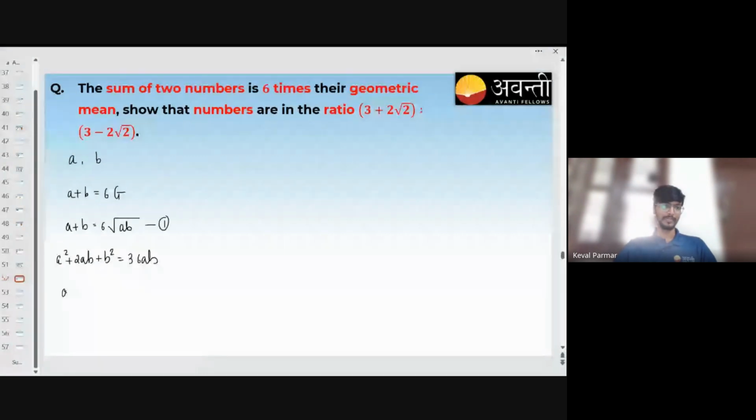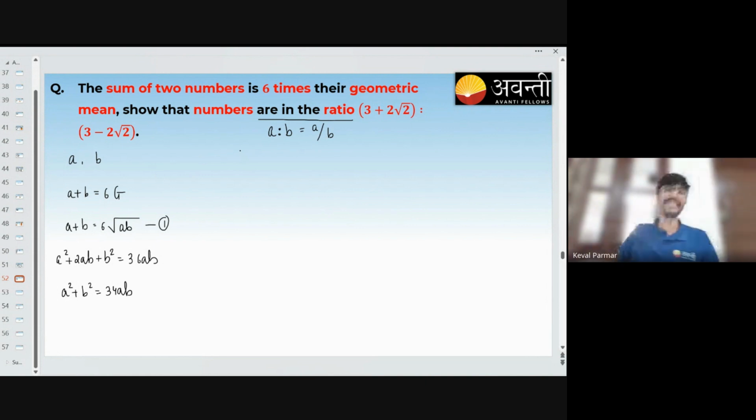So I'll get A square plus B square is equals to 34AB. This is equation number 2. Now, what I have to find is the numbers are in the ratio, that means I have to find A is to B, that means A upon B. So, to find A upon B, I need the values of A and B.